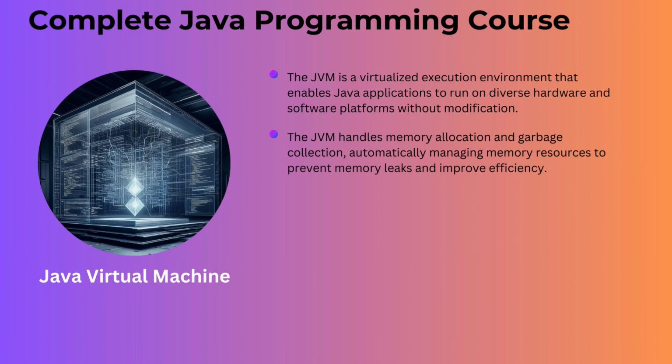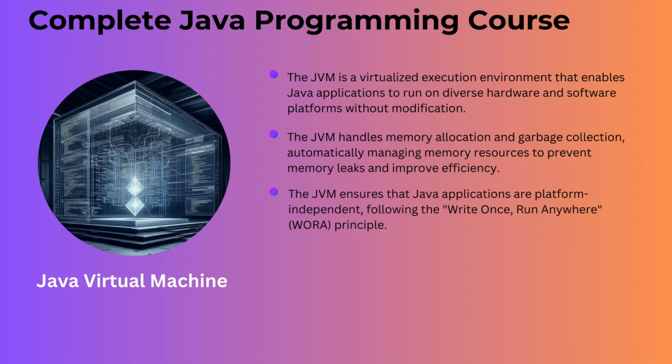Now the JVM ensures that Java applications are platform independent, following the write once, run anywhere principle, which is short for WORA. Like I stated earlier, the JVM ensures that the Java application can be run on any other platform, inasmuch as you have the compiled class file. You can take that file and run it anywhere else.